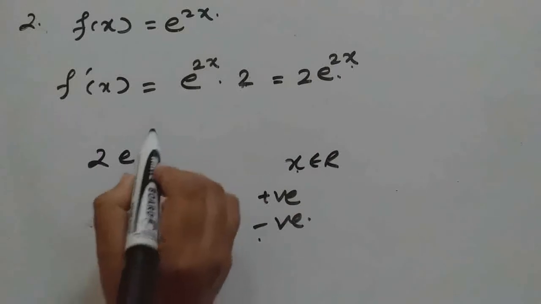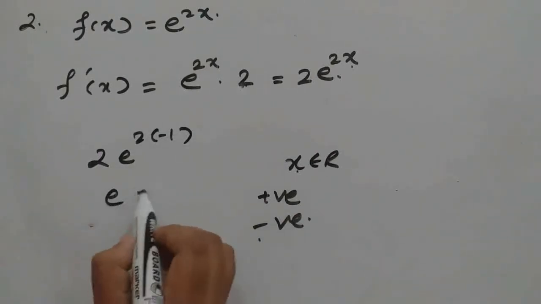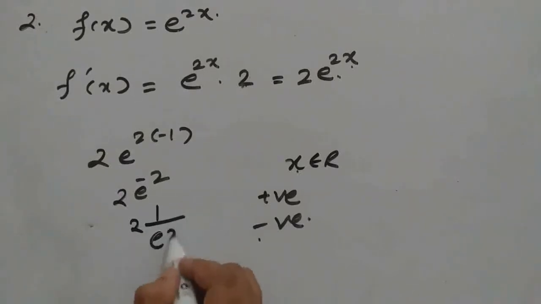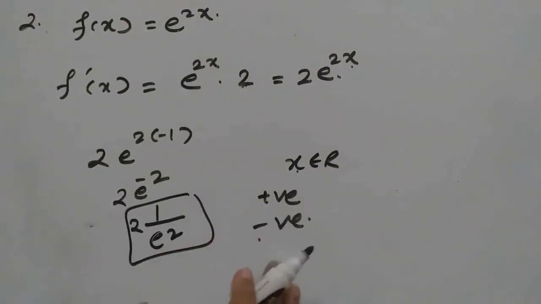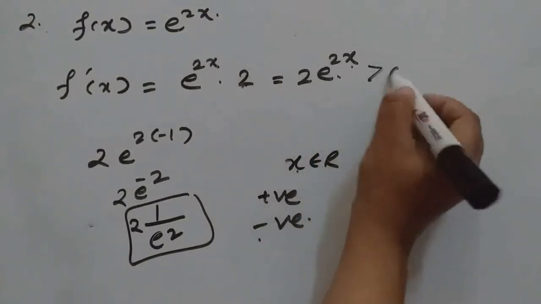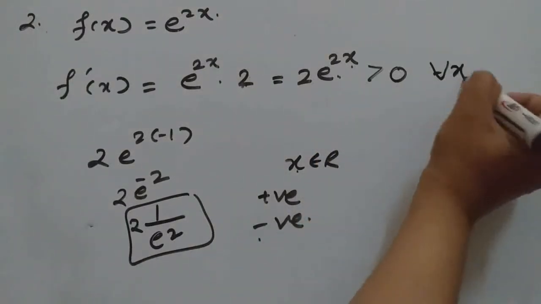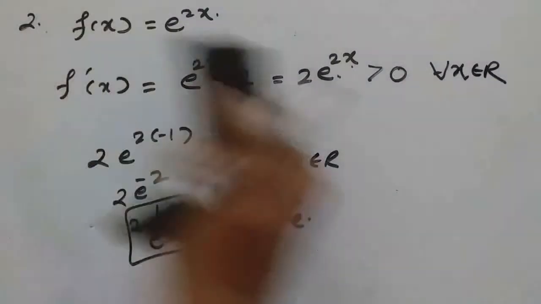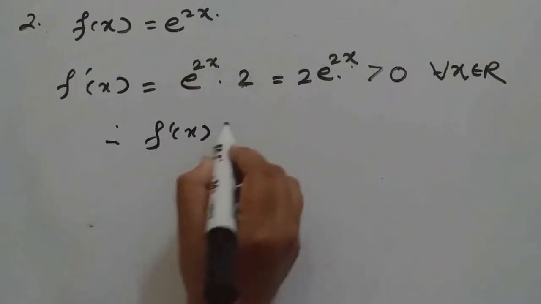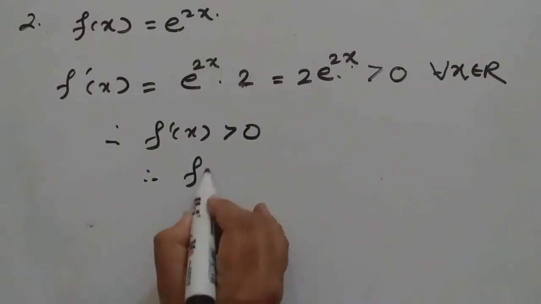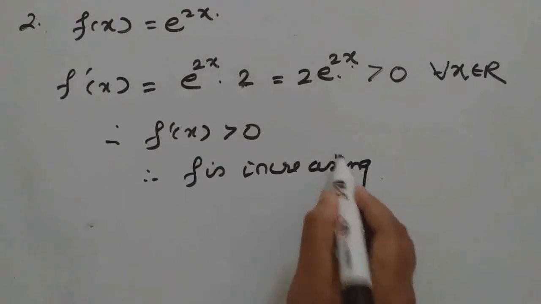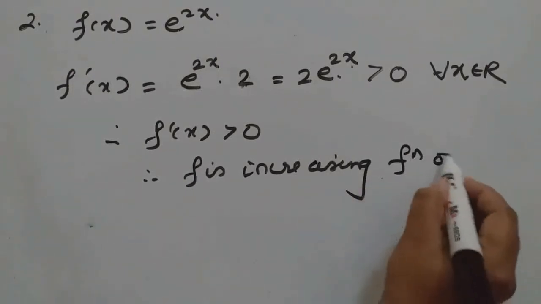See, 2 into minus 1, so e power minus 2 is 1 by e square, which is again positive. So for both positive and negative values of x, this term is positive for all x belonging to R. Therefore f dash of x is positive, therefore f is an increasing function on R.